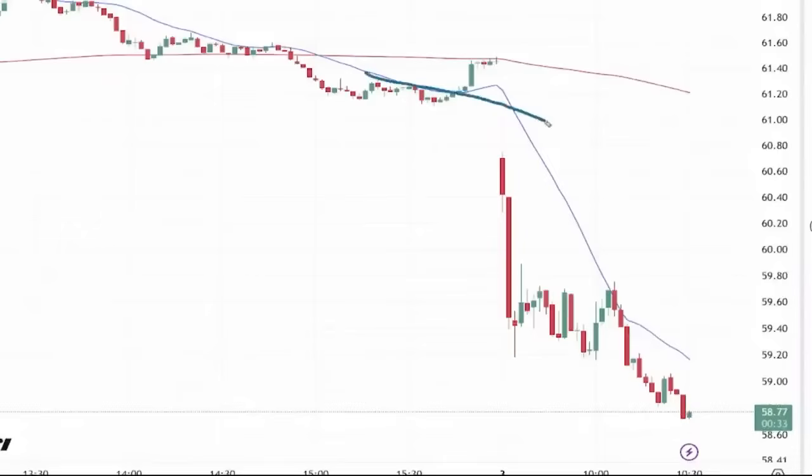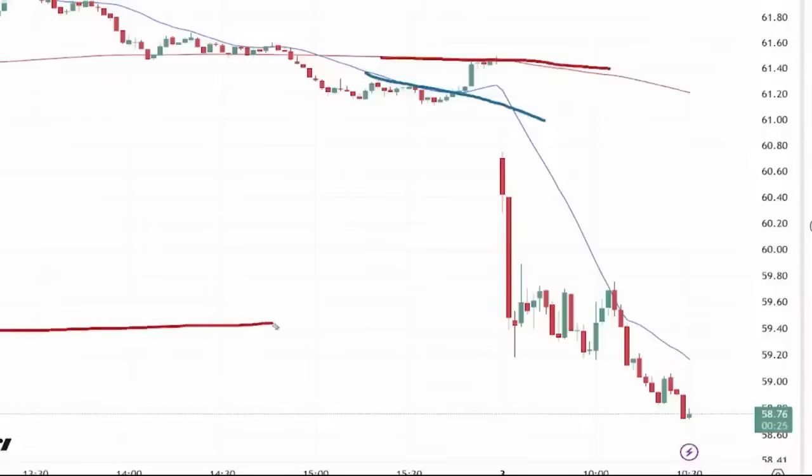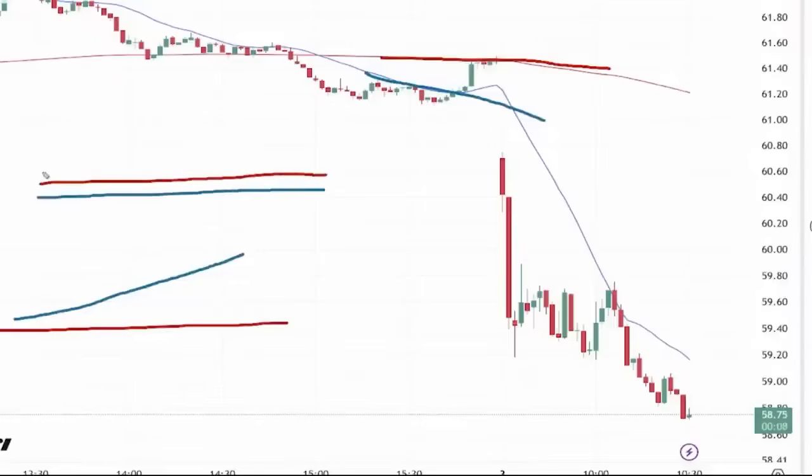Your bear picture of power, your bull picture of power, and your very tight, narrow state picture. Now, in a narrow state, your 20 can be under or above. It really doesn't matter.